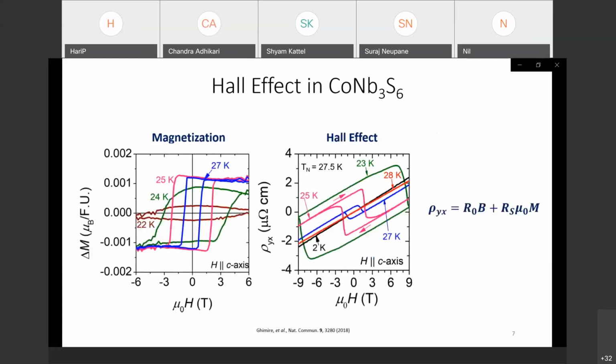Finally, here is the Hall effect that was shown in cobalt niobium-3 sulfur-6. When comparing the plots of magnetization and Hall effect, we see a small moment right here in contrast to the comparatively large Hall effect. This Hall effect was shown to be linear above the Néel temperature, and as temperature was decreased, the anomalous Hall effect could be seen.